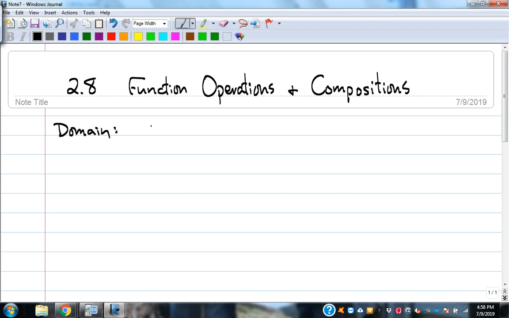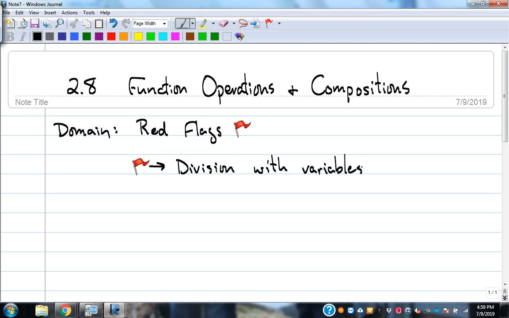But the things that we looked at in Math 100 about domain, the red flags that we talked about in 100, red flags for domain. One of those red flags was division by 0, or division with variables. Remember, if you had an x in the denominator of the problem, you had to do some stuff to work that out.